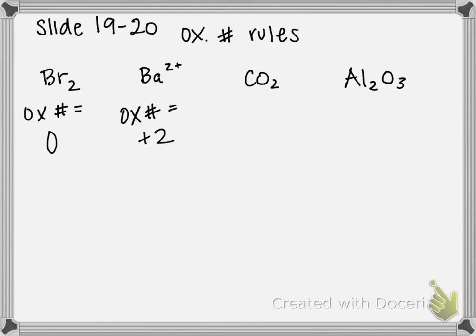For carbon dioxide, this is our first compound. Here, we're going to use the fact that we always know what oxygen's oxidation state is to help us figure out what carbon is. This is incorporating a couple different rules. Rule number 1, the oxidation states of carbon and oxygen have to add up to 0 for a neutral compound.